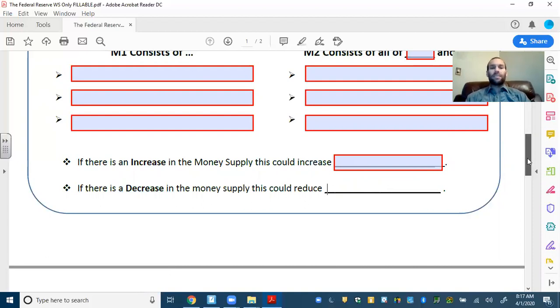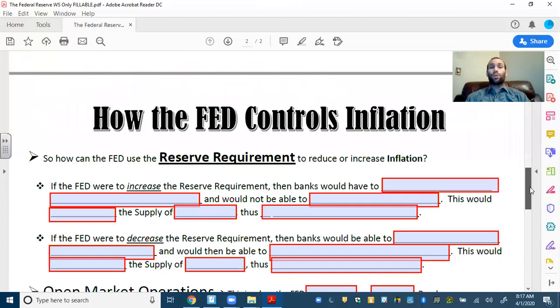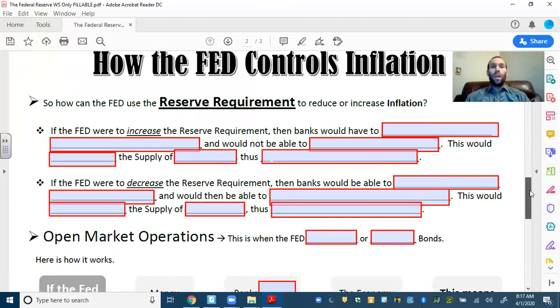Now, what we're getting at today is we're going right back to that reserve requirement. So remember, the reserve requirement is the money that banks have to hold on to. So if the Fed were to increase the reserve requirement, that means a bank would be required to hold on to more money and not lend it out. So banks would have to hold on to more money and would not be able to lend as much out.